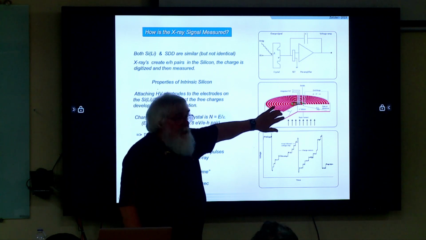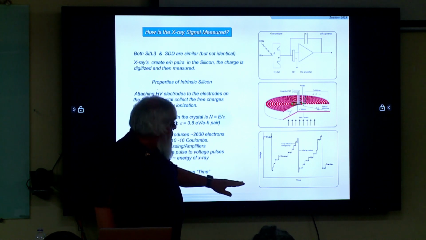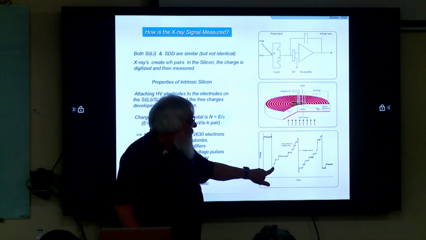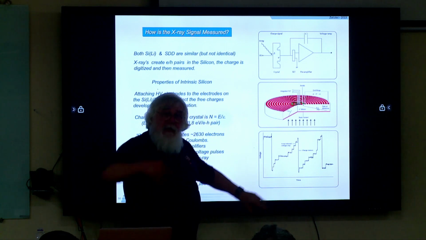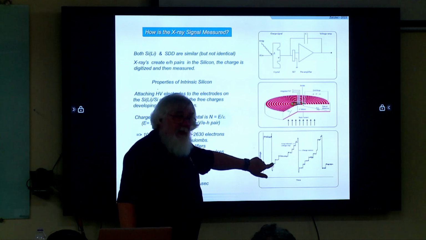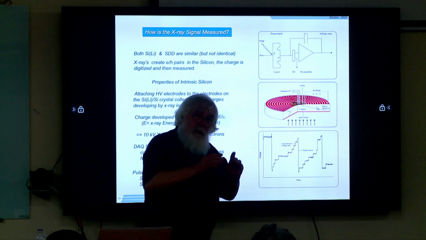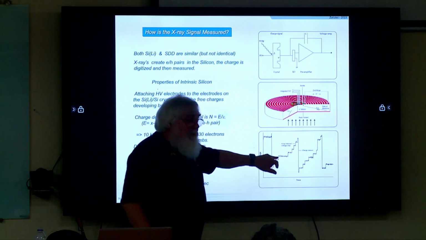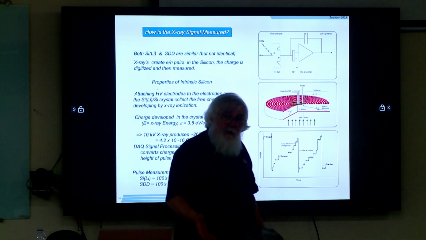The same thing here, you cool them down, though it doesn't have to be as much. So an X-ray comes in, what happens? We get a small charge pulse or voltage pulse. The height of that pulse is directly proportional to the energy of the X-ray. Another pulse comes in and jumps up. Another pulse comes in and jumps up. Between pulses, we want to measure the voltage jump. We want to know that height. That tells us the energy of the X-ray.